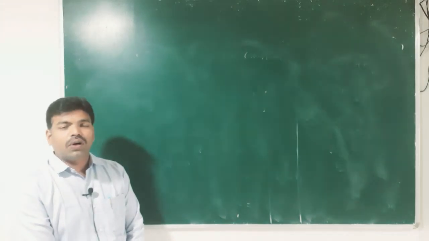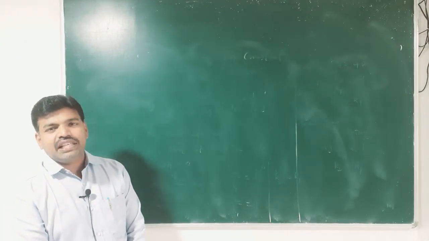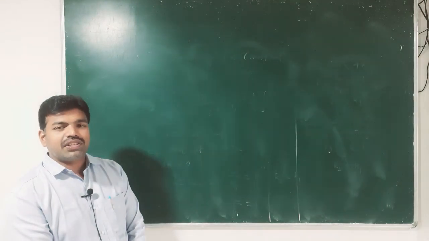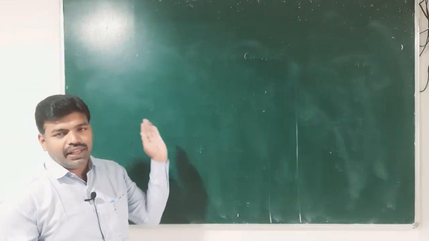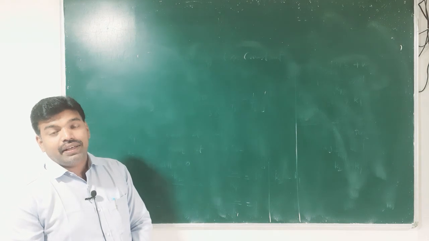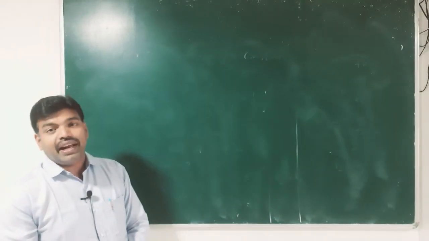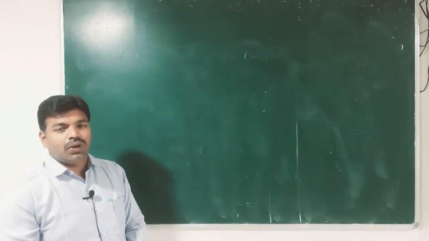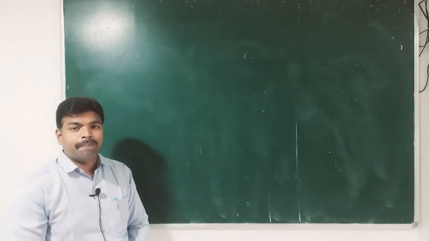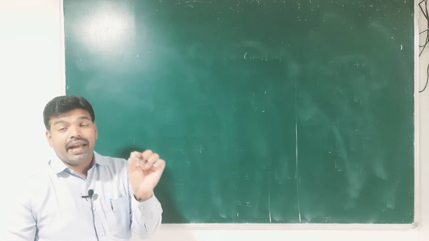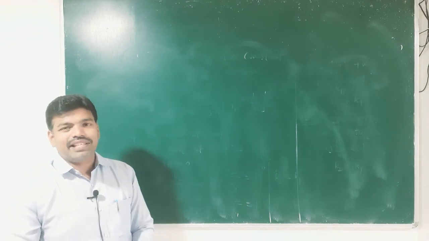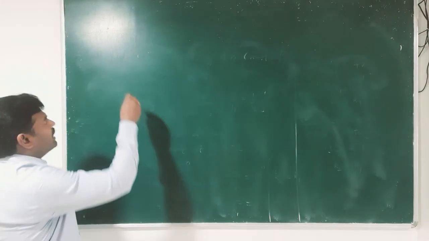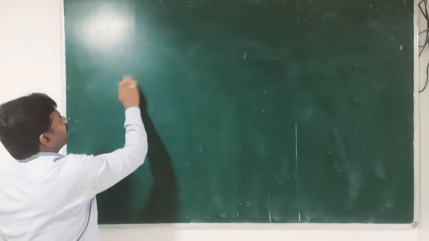So the factors influencing the equilibrium constant are the stoichiometric representation of a reaction, and temperature has a greater effect on the equilibrium constant. Another concept is the equilibrium constant and free energy, the relation between equilibrium constant and free energy.